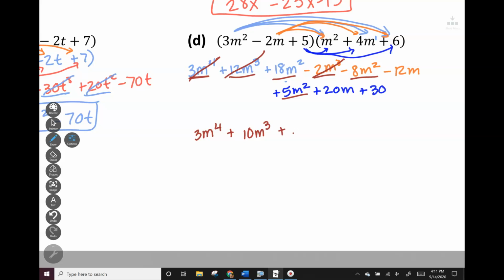Those combine to give you plus 15m squared. My m's, I've got negative 12 plus 20 is 8. And lastly, plus 30, that constant term. Oops, I said 30 and I wrote 13. 30.